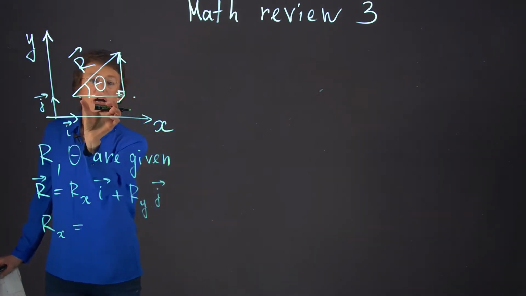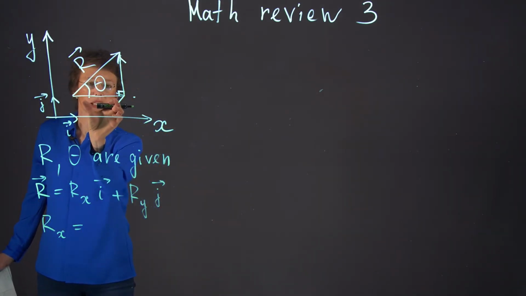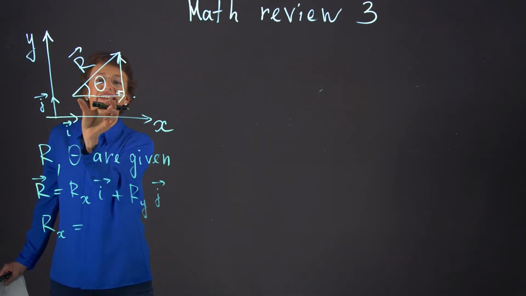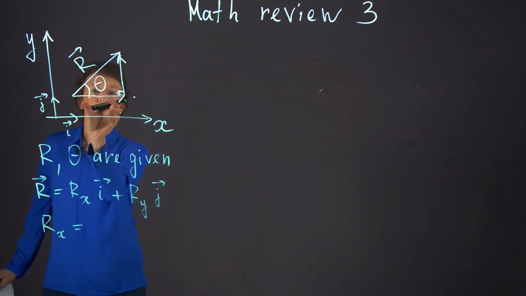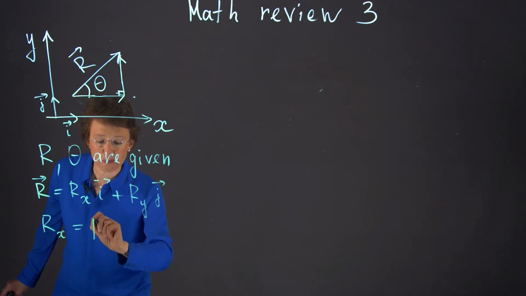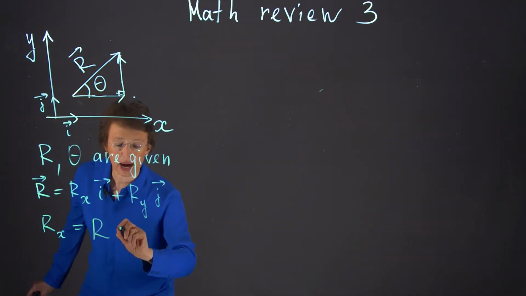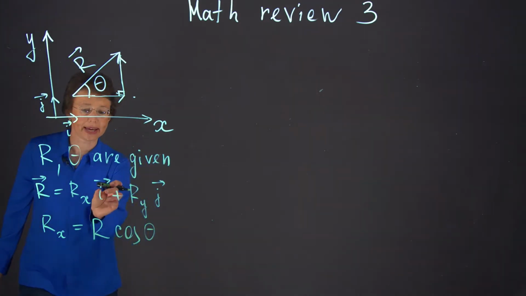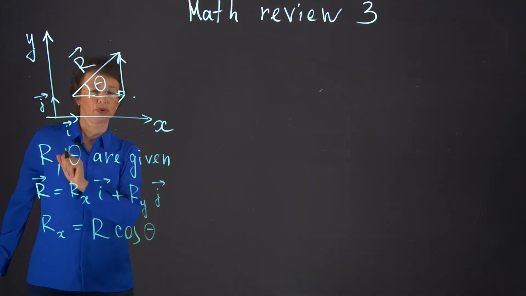Now, what is the length of this leg? It is hypotenuse R times cosine of the adjacent angle. And then I have this I for the direction.